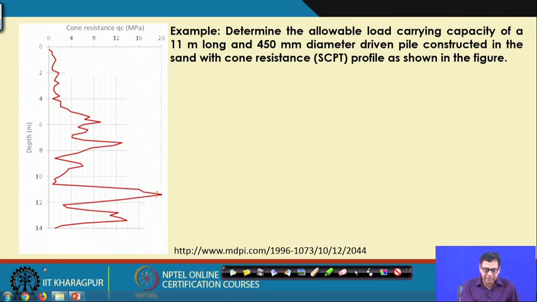The X axis is cone resistance QC in megapascal: 0, 4, 8, 12, 16, 20. And this is depth: 0, 2, 4, 6, 8, 10, 12 and 14. So, this is the total cone resistance.